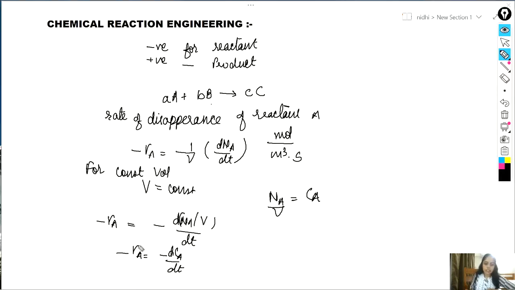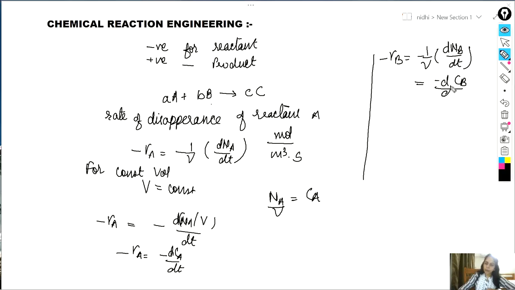And for such a system, the rate of reaction may be expressed as the rate of change of concentration of any reactant or product of the reaction. Similarly, the rate of reaction for reactant B: minus RB equals minus 1 by V dNB upon dt, or you can write minus dCB upon dt.